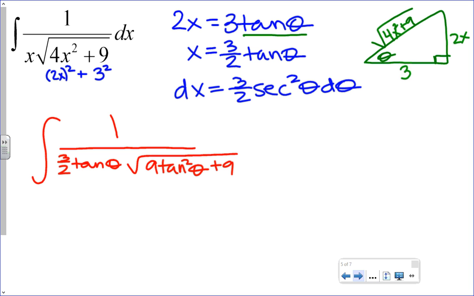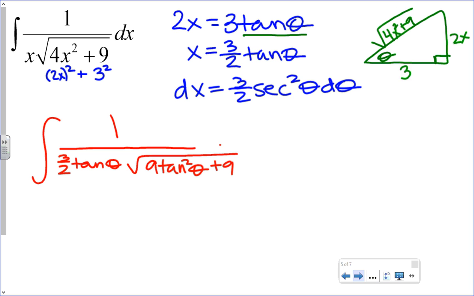Let's talk about how I got that. 4x squared is the same thing as 2x the quantity squared. If 2x is 3 tangent theta, then 2x the quantity squared is 3 tangent theta squared. So I just wrote 9 tangent squared. I'm trying to save us some room. Is that okay?